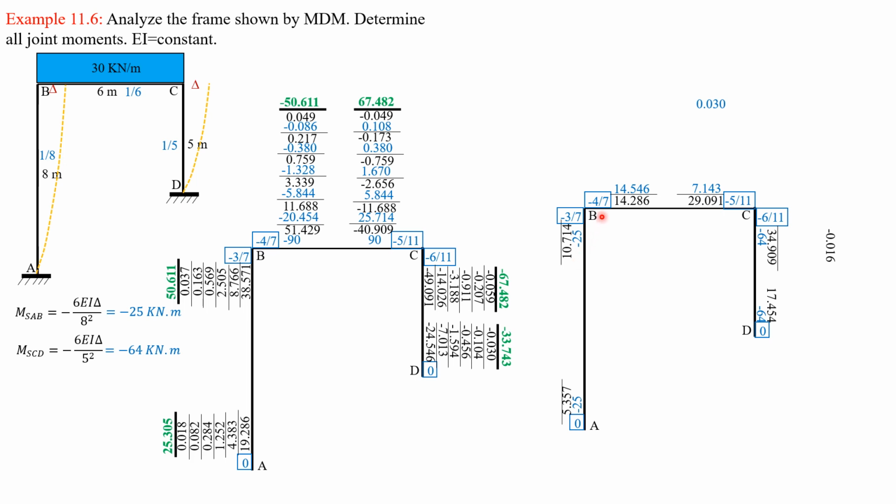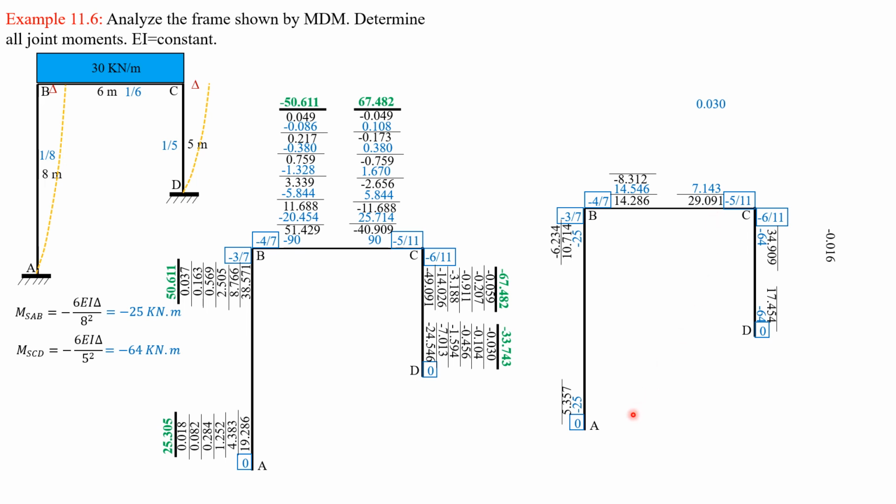Then negative 25 times negative 4 over 7 is 14.286. Negative 64 times negative 6 over 11 is 34.909. Negative 64 times negative 5 over 11, put the value here, 29.091.